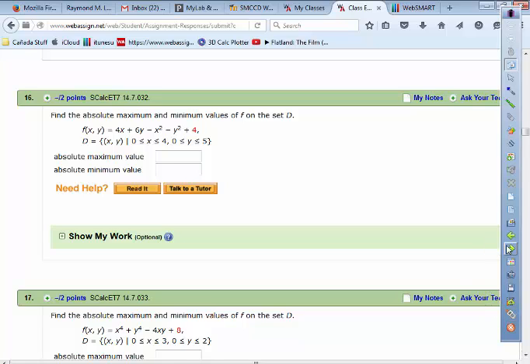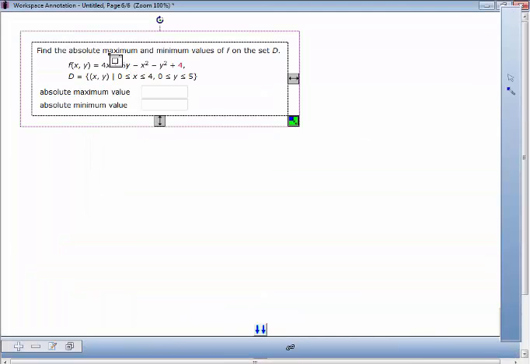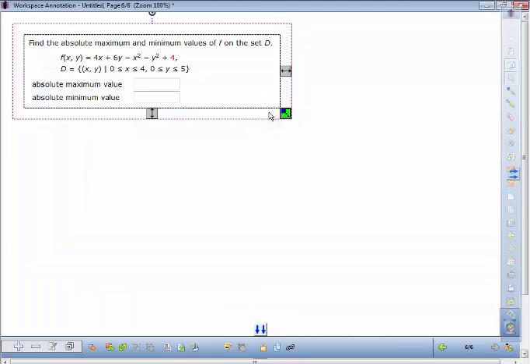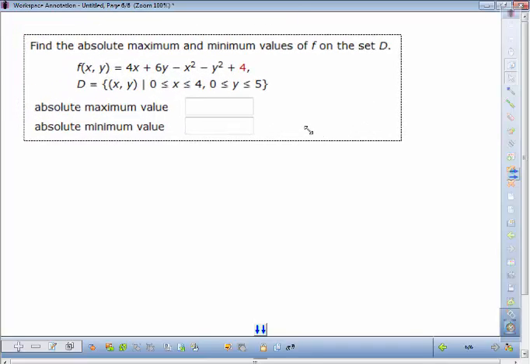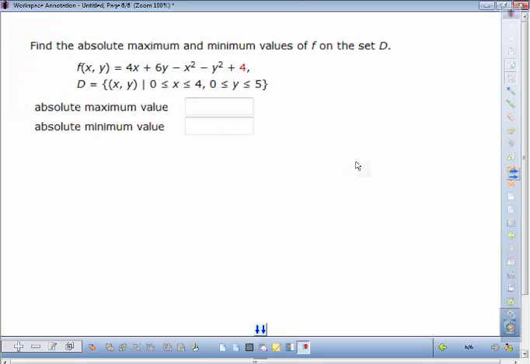All right, let's take a look at this, number 16. I think this is hopefully easy. Find the absolute maximum and minimum values on the set.